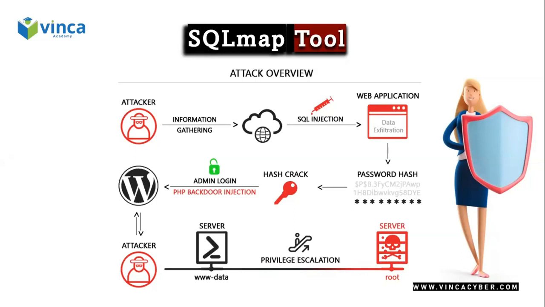Using privilege escalation, he can get root access. So a normal attacker, who is just a visitor, can switch the access from normal user to root user if the website has SQL injection. It means he is compromising the entire server easily using web SQL injection.